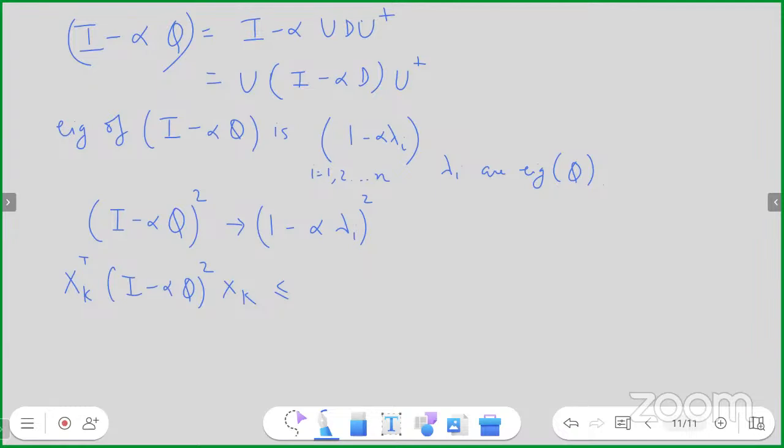Among all possible choices, which ones will be the max? Lambda_i would have to be minimum. But depending on how these are, either you will get the min or you will get the max.